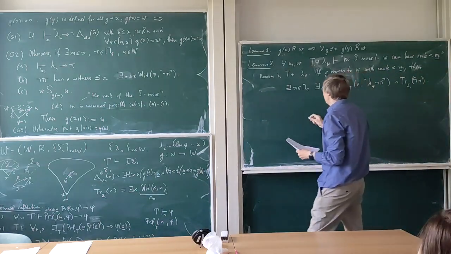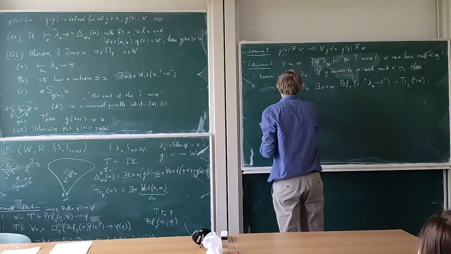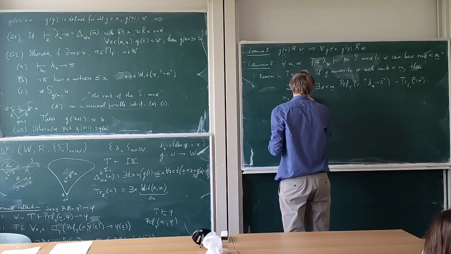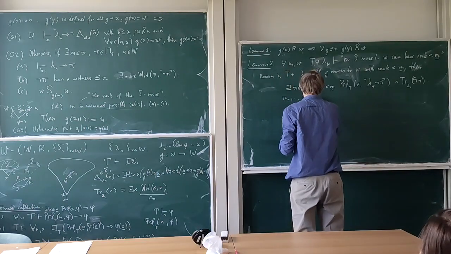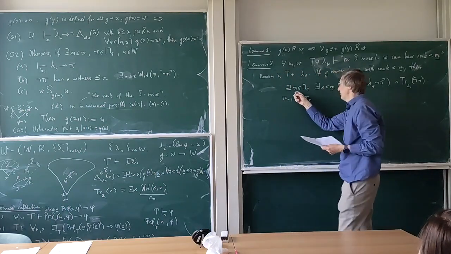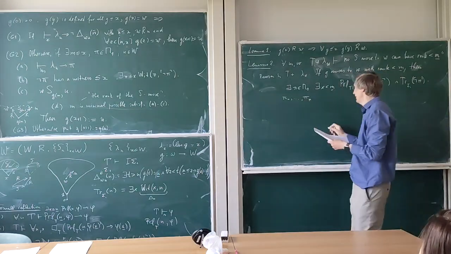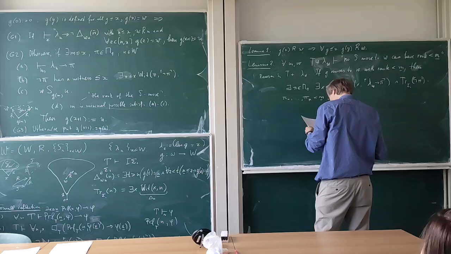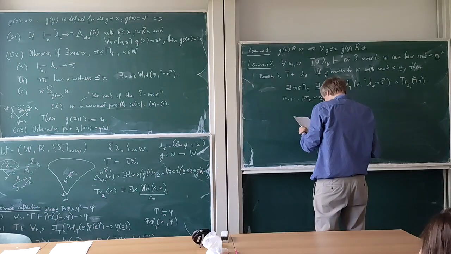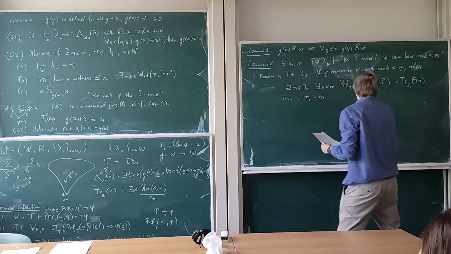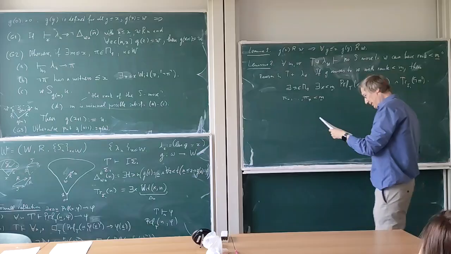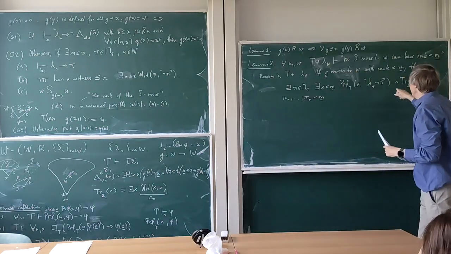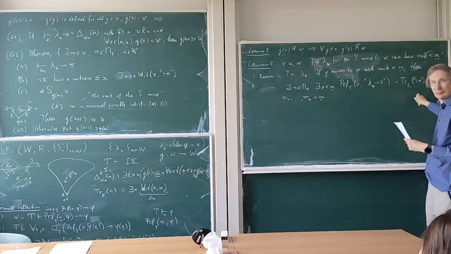So you can say that there are only finitely many possibilities for such a pi here, all of them smaller than M. And for each of them, we will have this condition.